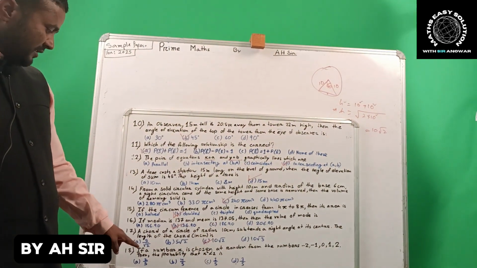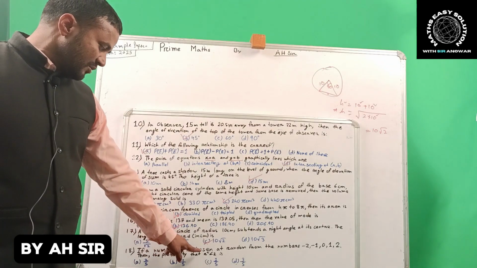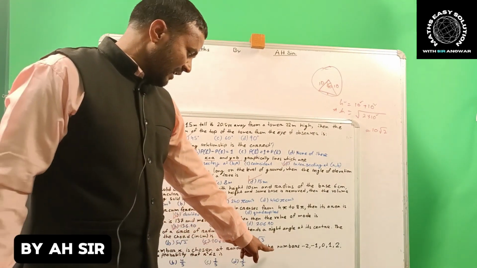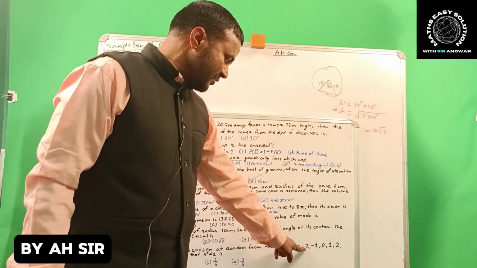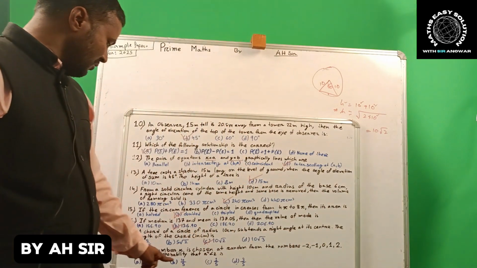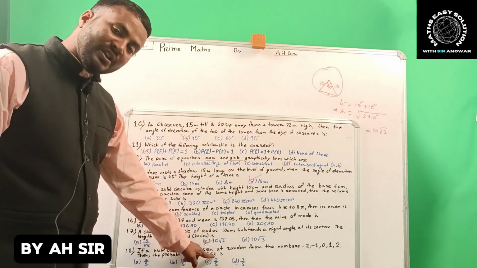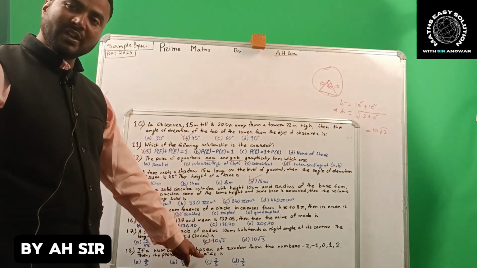After that, next question, see, if a number x is chosen at random from the numbers -2, -1, 0, 1, 2, then the probability that x square is less than 2 is. This is also an important question.